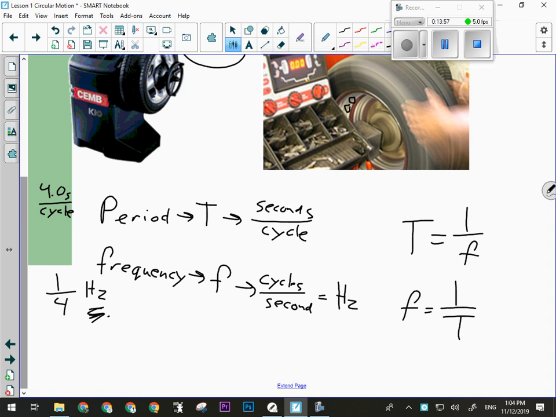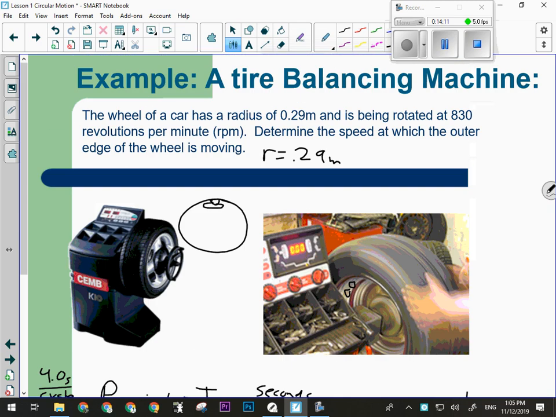Is that period or frequency? It's frequency because it's revolutions per time interval. If it was period, they would have told me how many seconds it would have taken for one cycle. So they're telling me the frequency is 830 revolutions per minute. We want to determine the speed at which the outer edge of the wheel is moving.